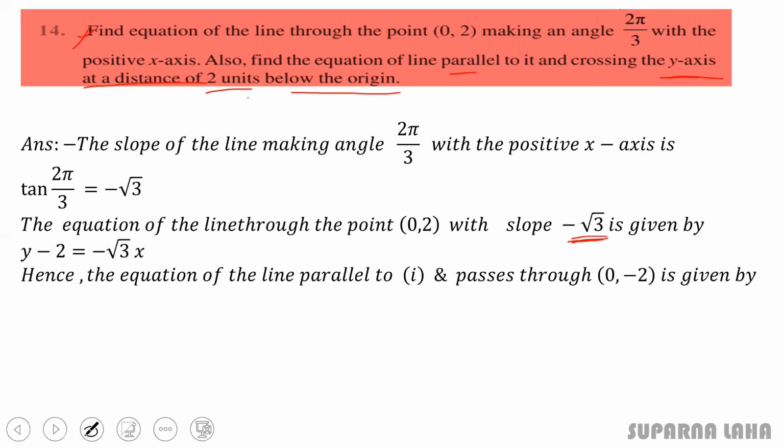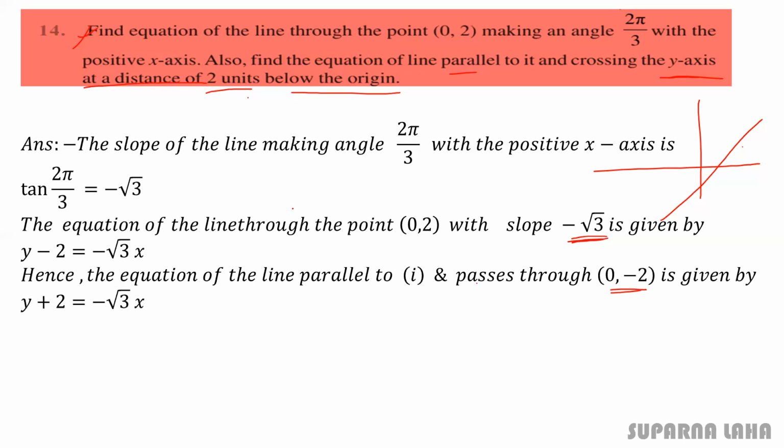That means this straight line passes through the point 0, minus 2. It looks like that. Sorry, the angle is 2 pi by 3, so not this side. It will be on this side.